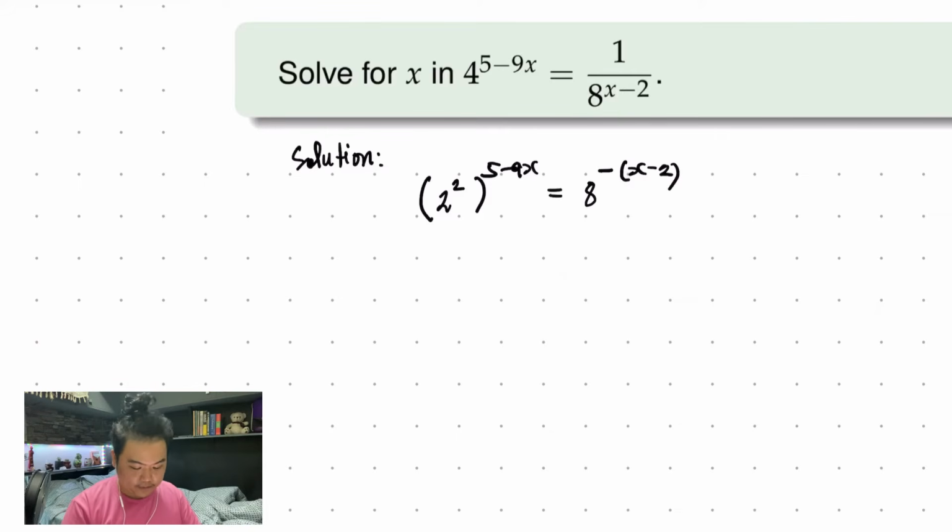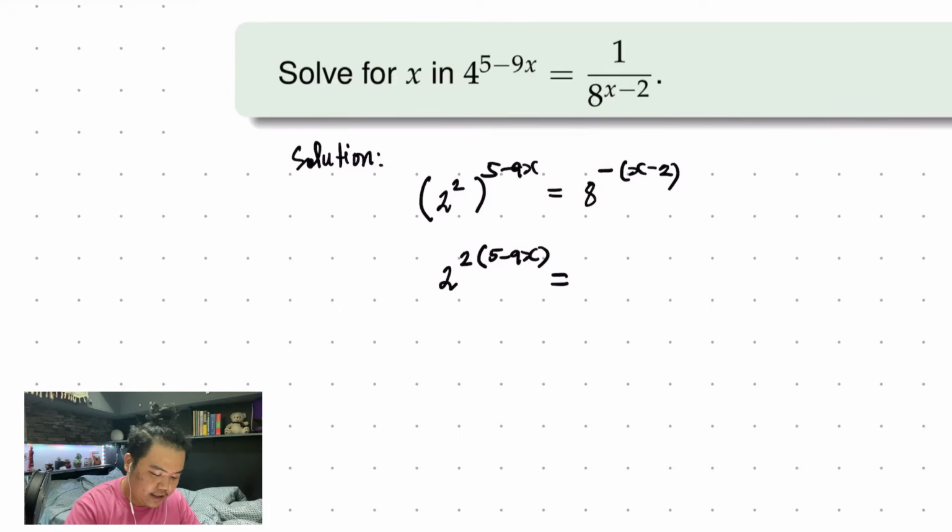Correct? And for this one, meron kang power to a power. So, sabi nung property natin ng exponent, copy the base and then multiply the exponent sa power to a power.